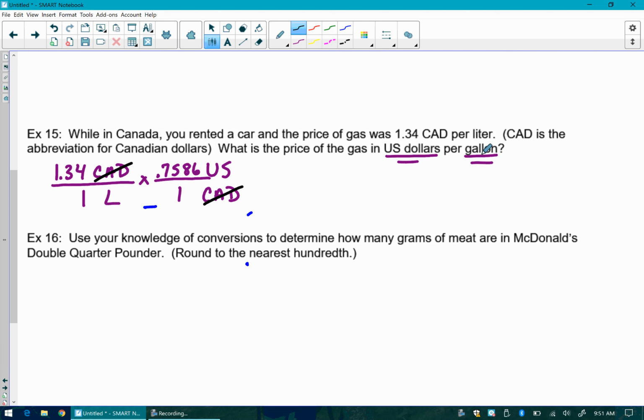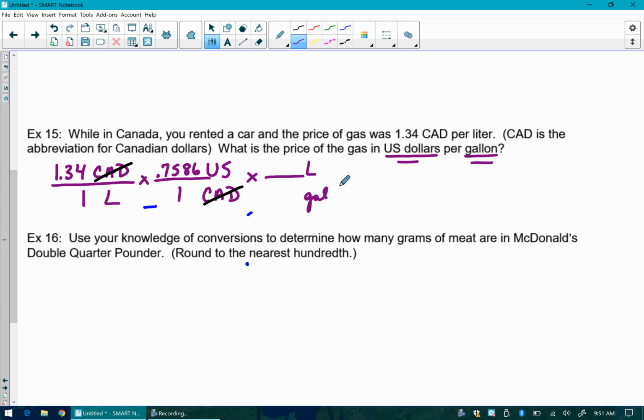I'm not going to stop because I want US dollars per gallon. So I keep going. I want to get rid of liters now. Since liters are on the bottom, I've got to put liters up top. You look on your formula sheet and ask yourself, can you go directly from a liter to a gallon? And you can. And it's actually all the way at the very bottom of the front page of your formula sheet.